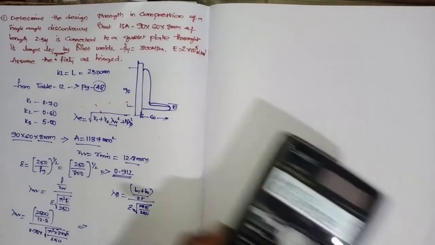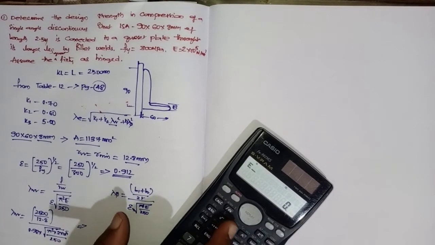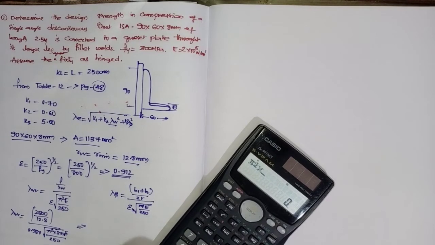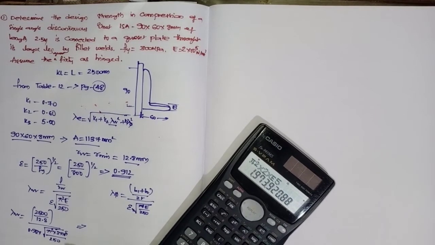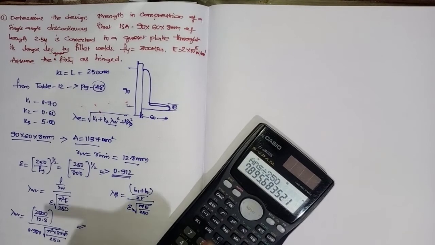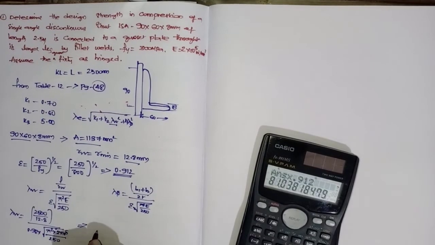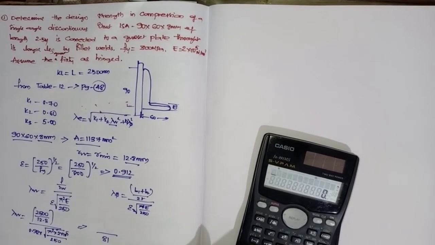If I solve this, pi square into 2 into 10 power 5 divided by 250, the denominator is 81.